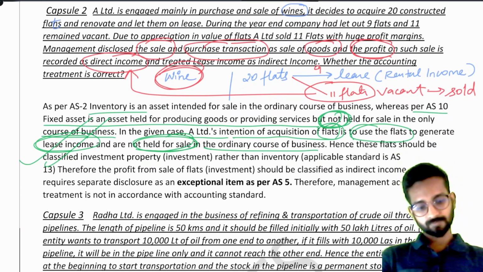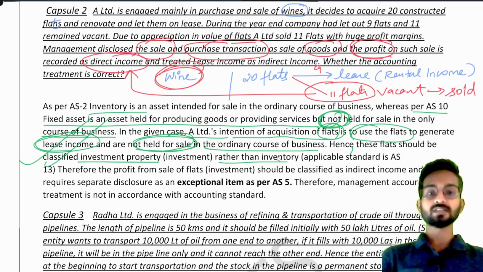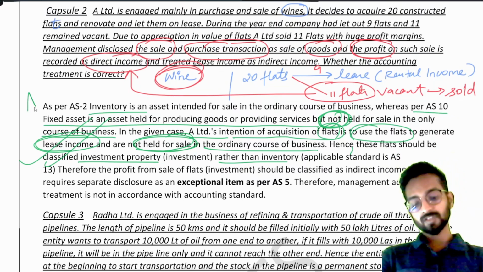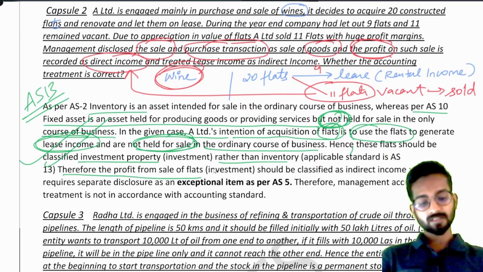Okay, now hence these flats should be classified as investment property rather than inventory. You cannot classify them as inventory, it should be classified as investment property, which we will learn in accounting standard 13 in detail. Okay, now therefore the profit from sale of such flats should be classified as indirect income.